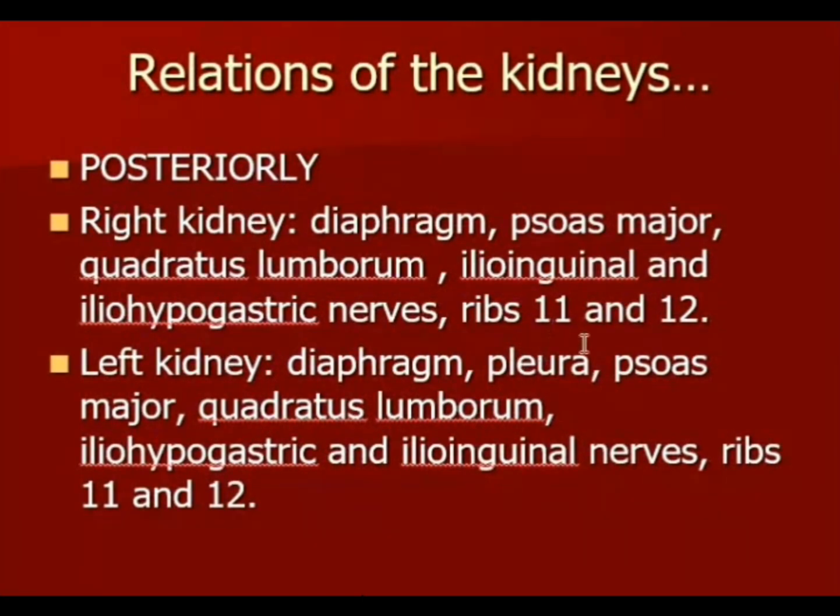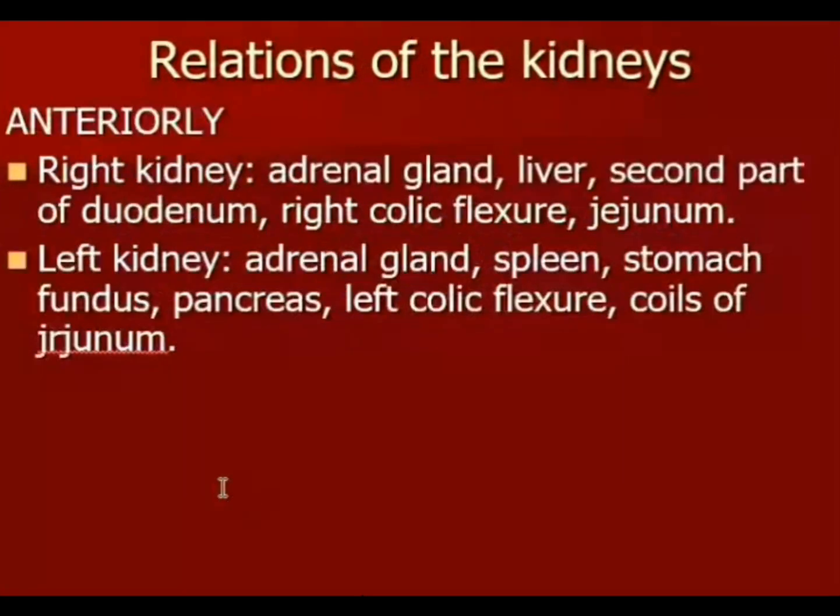Rib 11 and rib 12 are still posterior to both the right and the left kidneys. So in general, the posterior relations of the two kidneys are similar, whereas the anterior relations differ.